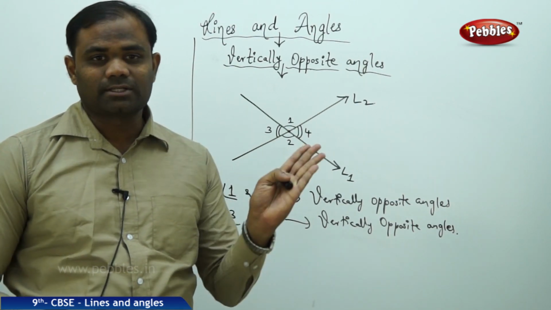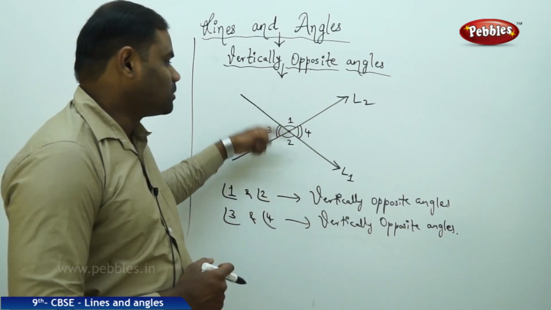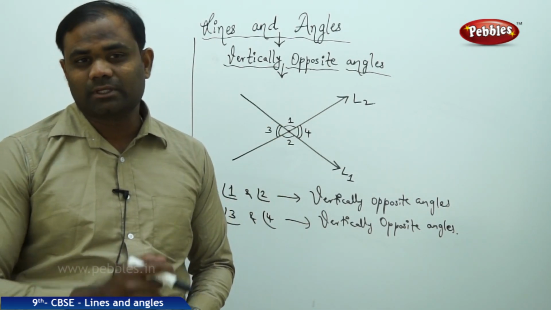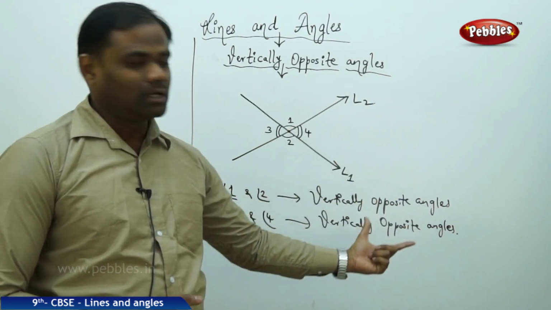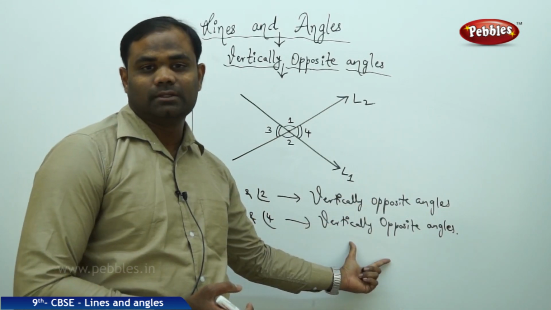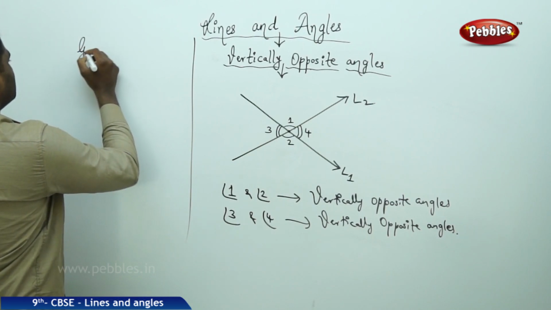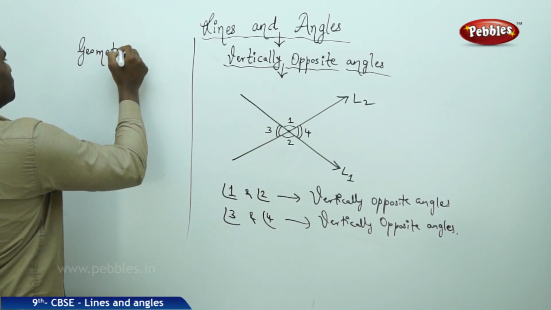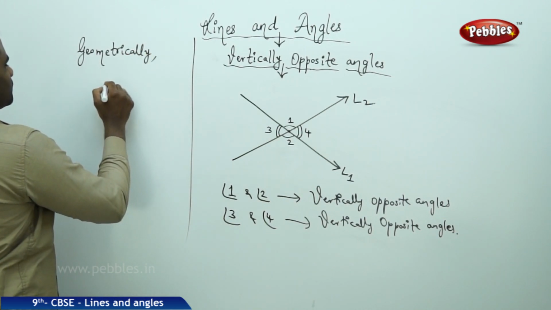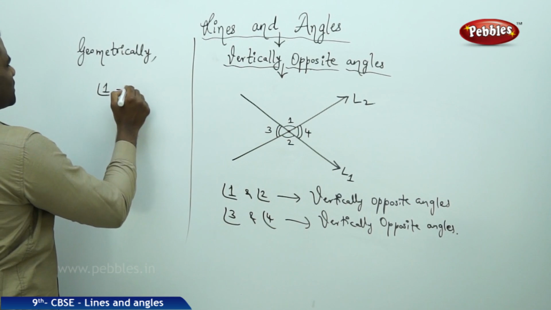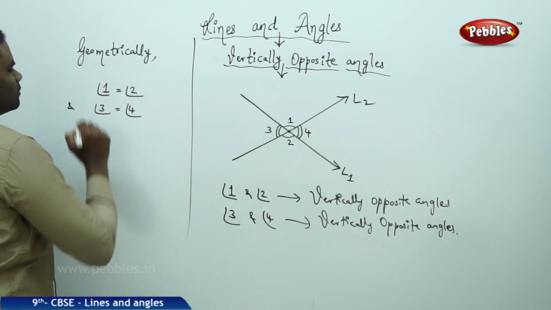So when two lines intersect, at that point of intersection we have four angles formed, and the opposite pairs are said to be vertically opposite angles. In this case, 1 and 2, 3 and 4 are vertically opposite angles. Also, geometrically, we have angle 1 equals angle 2 and angle 3 equals angle 4.